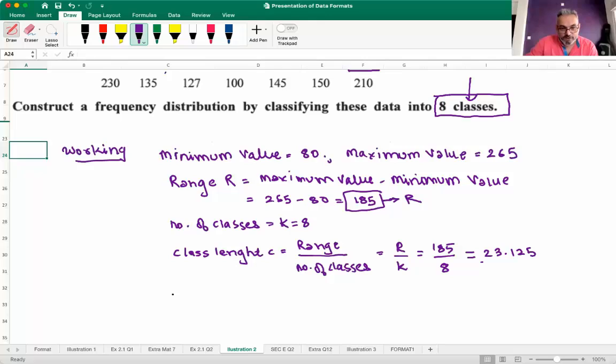So we will write for convenience, we take class length as 25.